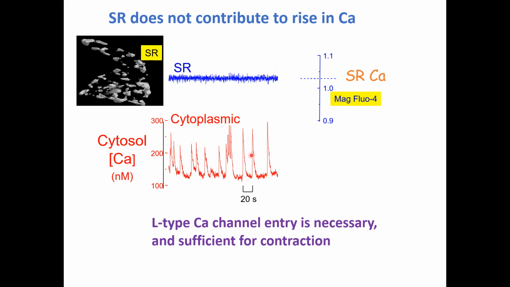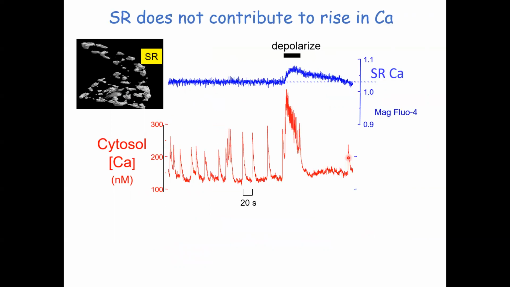So here we're seeing the rises of calcium, but no change in the level of calcium within the SR. So that L-type calcium channel entry of calcium is necessary and sufficient for contraction. And it wasn't that I'd saturated the indicator.